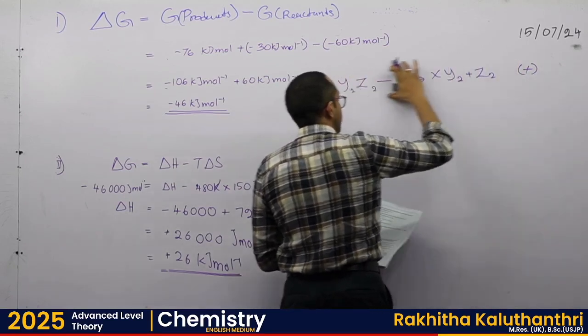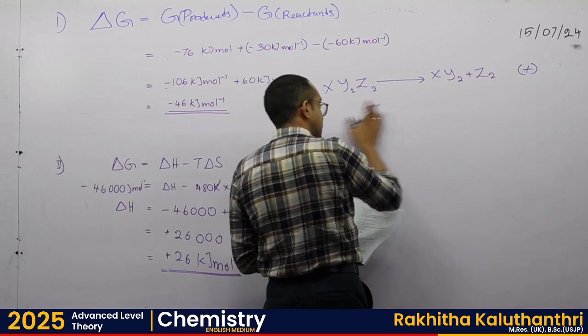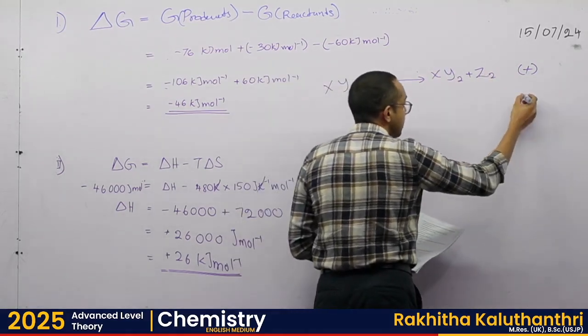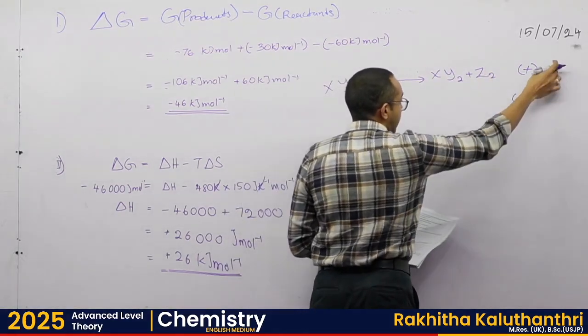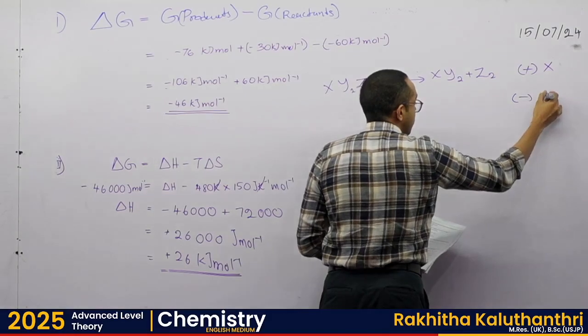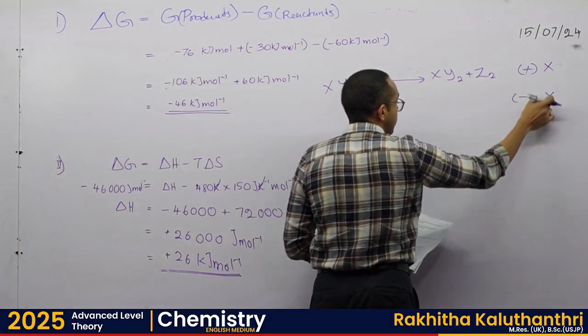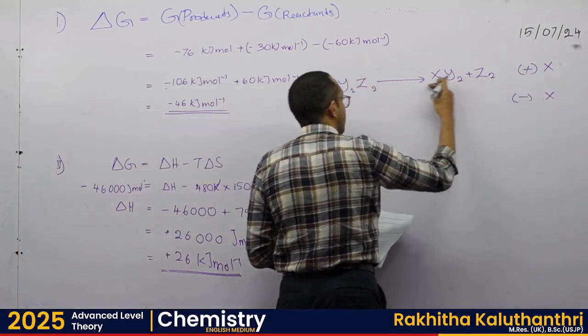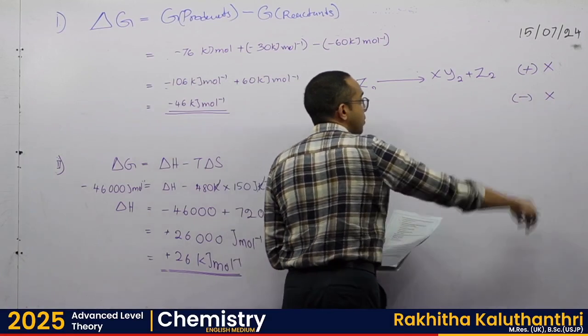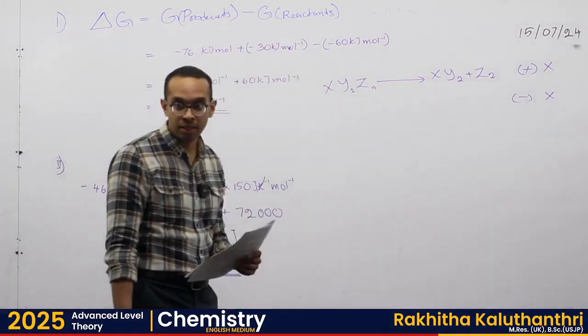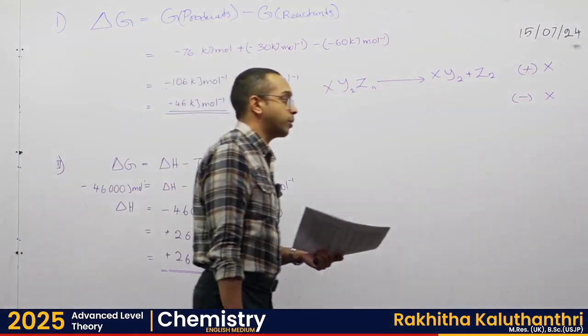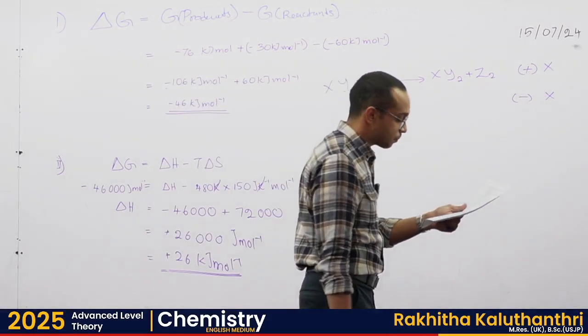So formation would be the opposite of this. However, it will be the same magnitude. Whatever the value is, it should be the same value here. Enthalpy values will not be different. However, since it is going in the other direction, the sign will be negative. Is that clear? We learnt about this in the thermochemical equation part in the lesson.